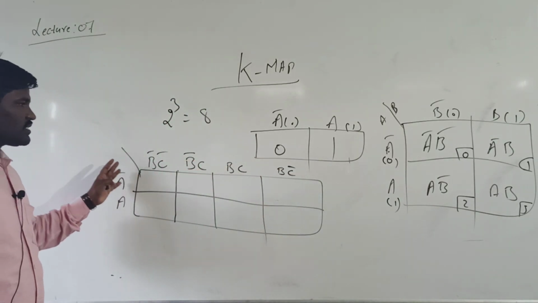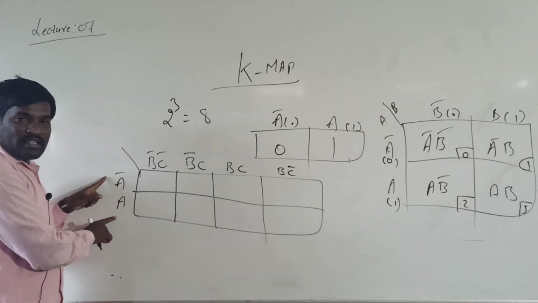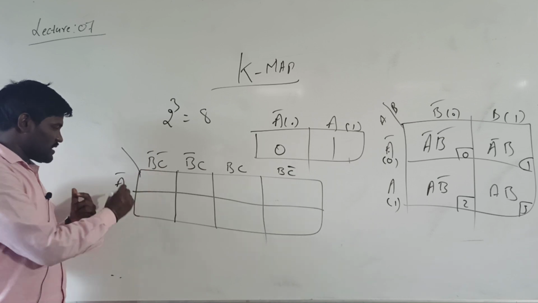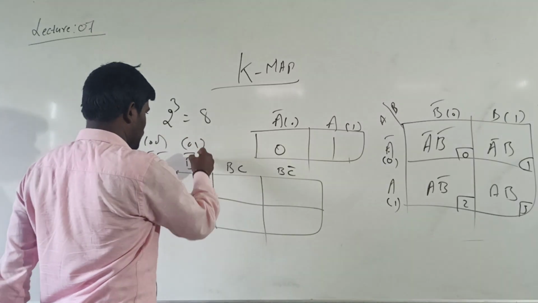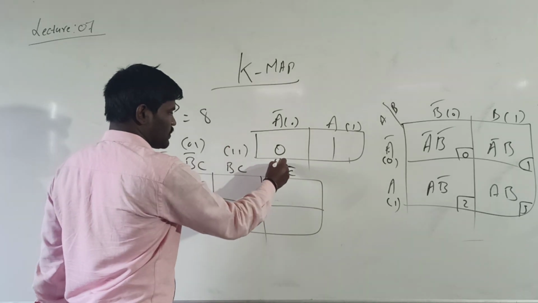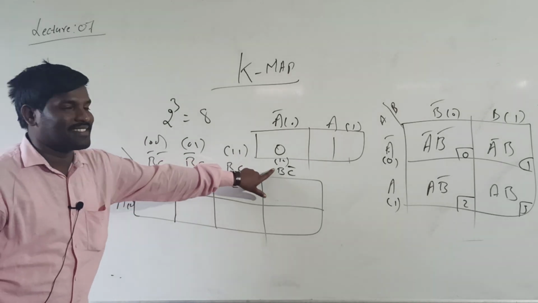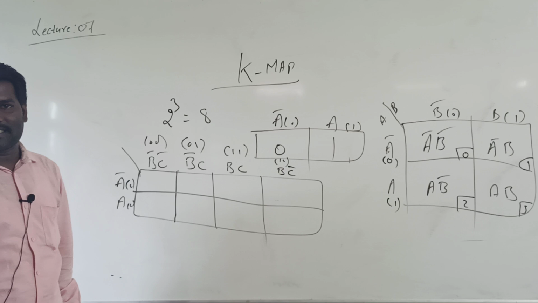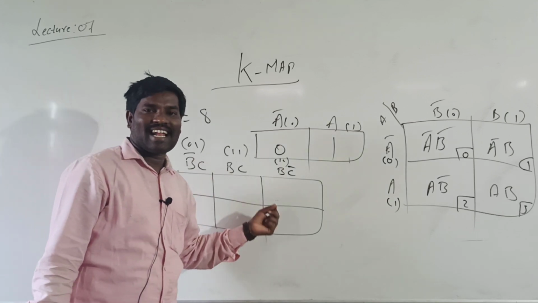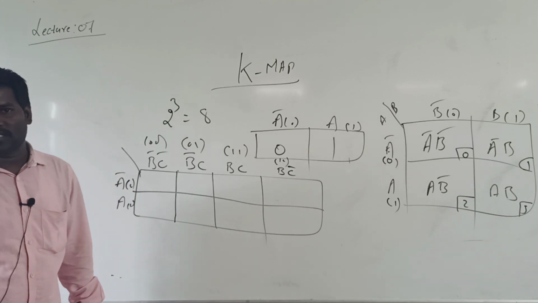So this is the 3 variable K-map. See here, A bar and A are here, and B bar C bar is 0, 0, here 0, 1, here 1, 1, and here 1, 0. Actually this is 2 and this is 3, but the K-map scientist said that we first write 3 and after that 2.